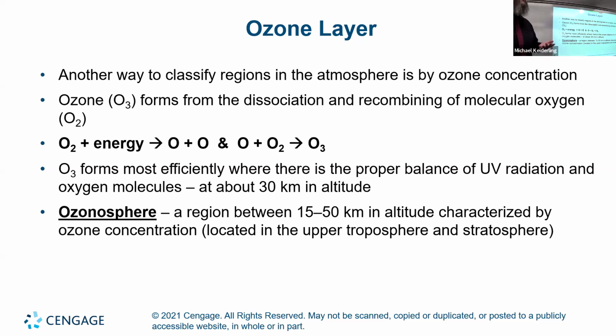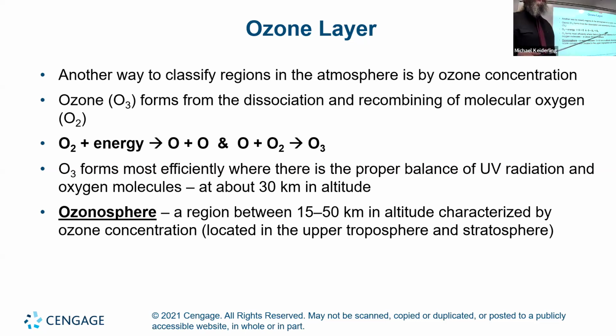Certain parts of the atmosphere have more or less ozone. There is an area of the atmosphere with a lot of extra ozone. Ozone, which is O3, forms from the dissociation and recombining of molecular oxygen, O2. So basically, oxygen gets hit with energy from UV radiation. It splits and recombines to form O3.